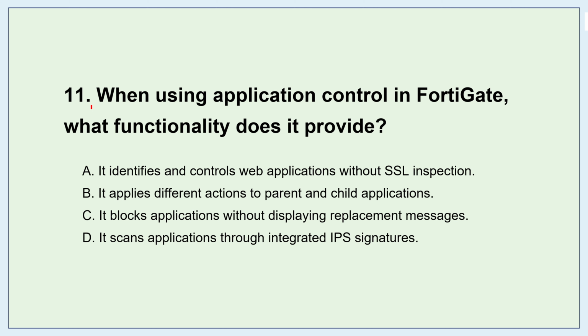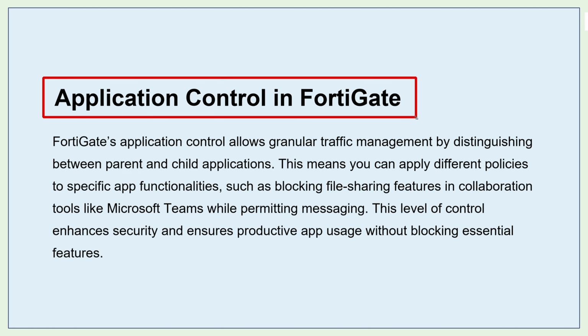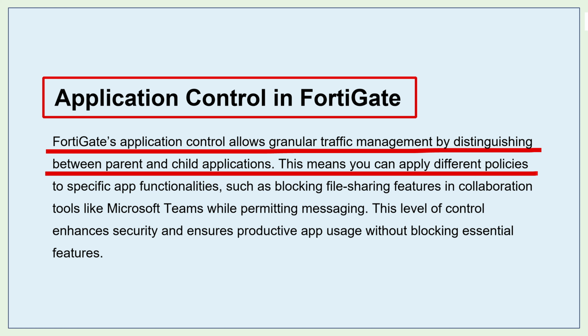Question 11. When using application control in FortiGate, what functionality does it provide? The knowledge points of this question are: application traffic management. FortiGate's application control lets you manage specific app behaviors, like blocking file sharing in tools like Teams, but still allowing chat.